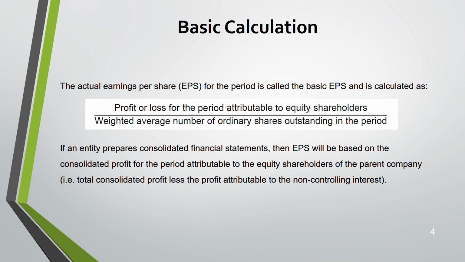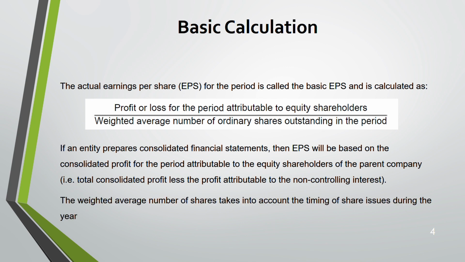Then for the weighted average number of shares, you have to see during the year when you are issuing those shares. It depends on the timing of the shares that you're issuing. So now let us do a question on this basic EPS before we move on to bonus and rights issue.